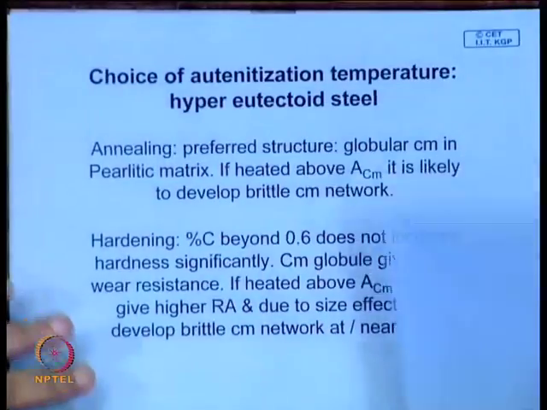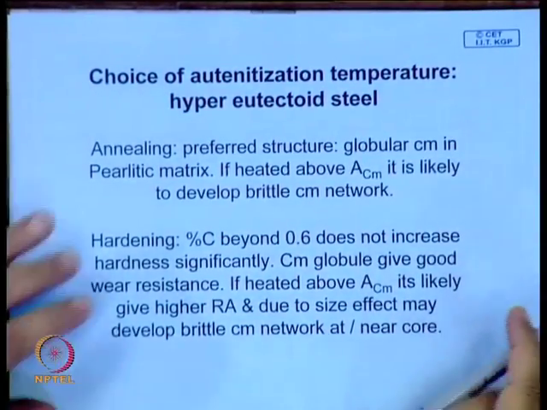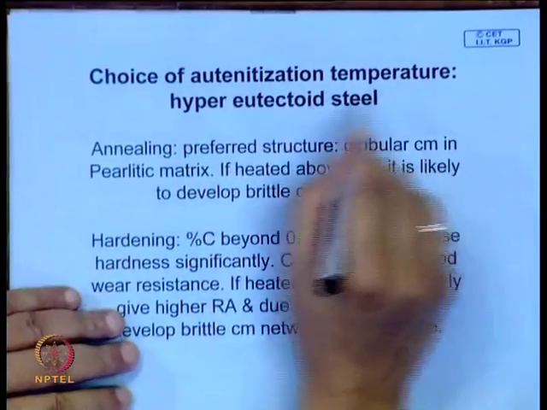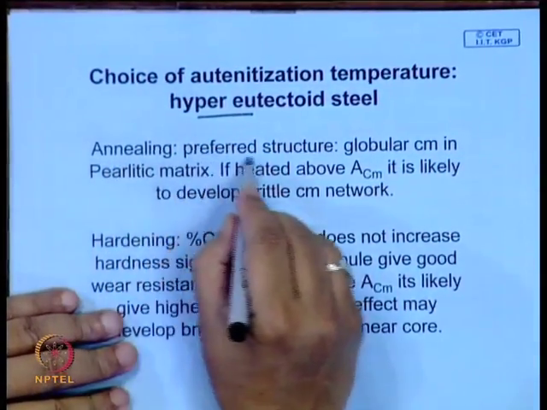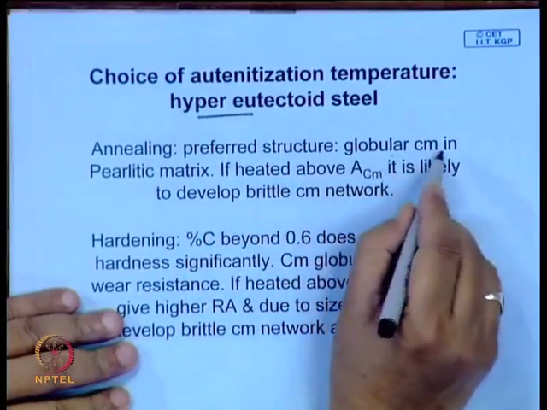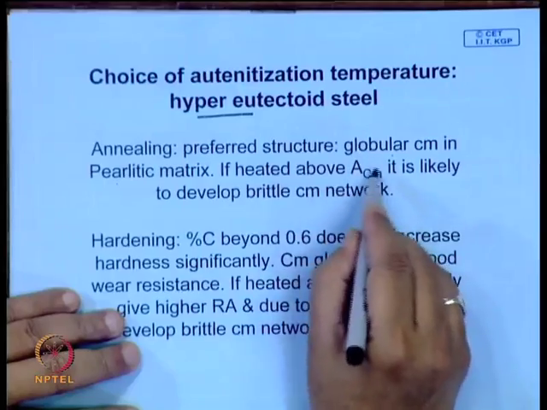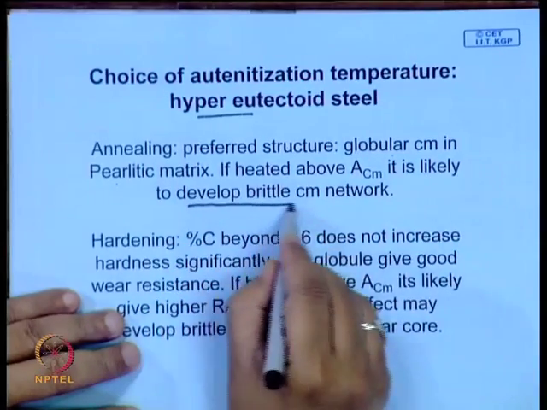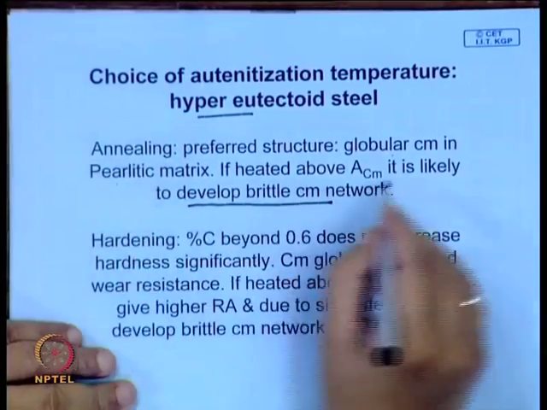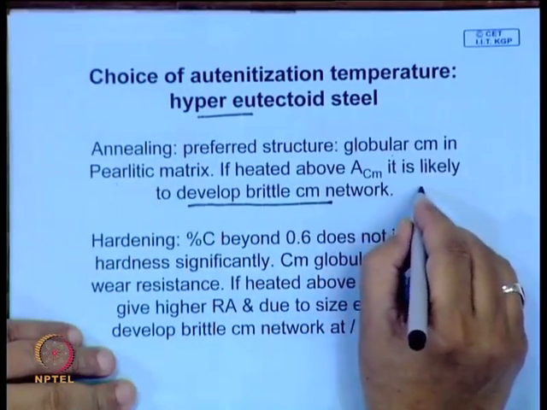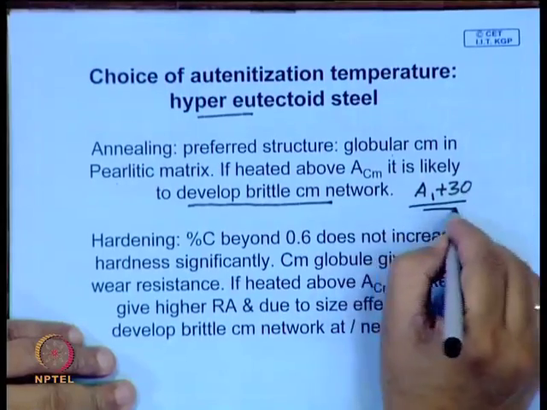So, for the choice of austenization temperature for hyper-eutectoid steel, we see that for annealing, the preferred structure is globular cementite in a pearlitic matrix, and if heated above this, it is likely to develop a brittle cementite network, which is undesirable. Therefore, you prefer heating to A1 plus around 30 degrees centigrade.